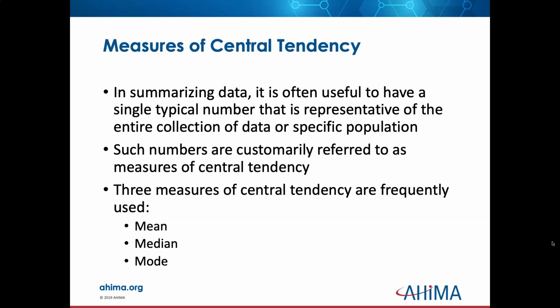So again, the 3 measures of central tendency that are most frequently used are mean, median, and mode. You need to know what mean is versus what median is versus what mode is and how to calculate those, and your book will walk you through those.